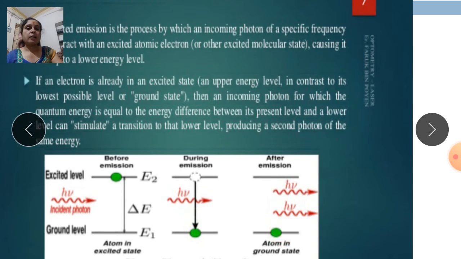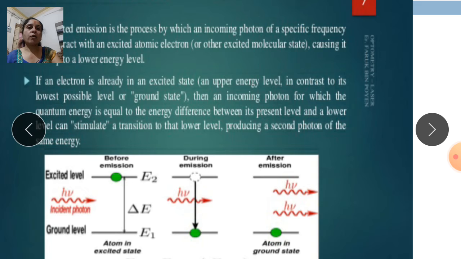Thus, in stimulated emission, the excited state atoms go downward to the ground state.